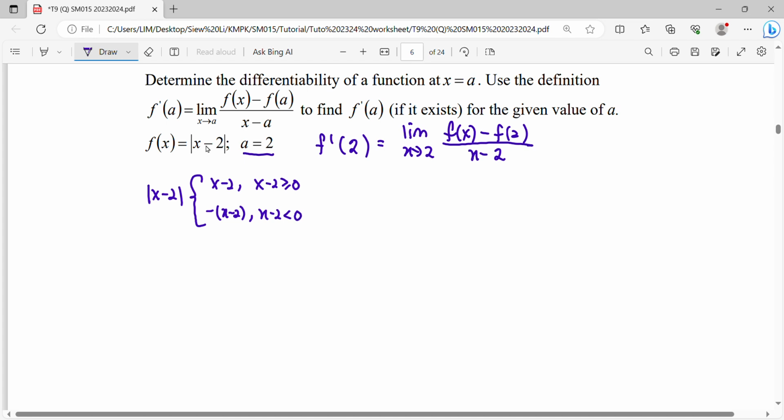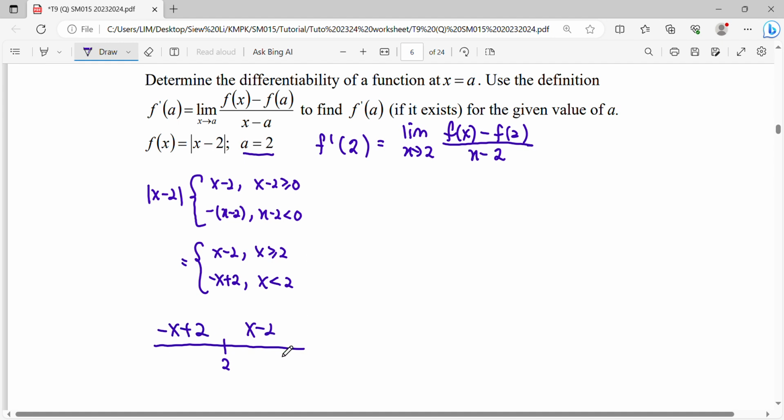So when we simplify, for x more than 2 it is x minus 2, and for x less than 2 it is negative x plus 2. So we can see our function changes at x equals 2.